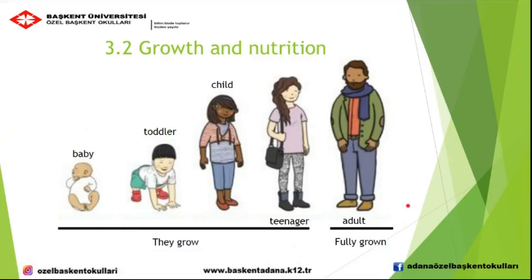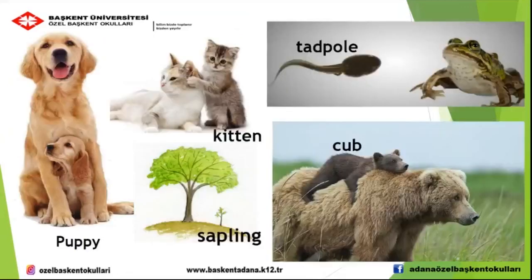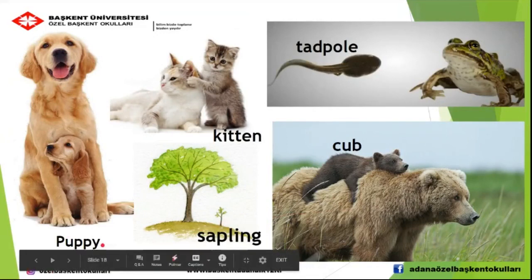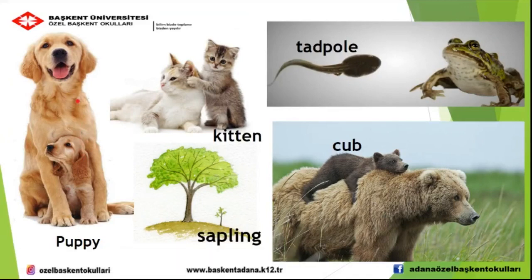This is the same for animals. A dog's baby is called a puppy. This is a full-grown dog. A cat's baby is called a kitten. This is a full-grown cat. A frog's baby is called a tadpole.